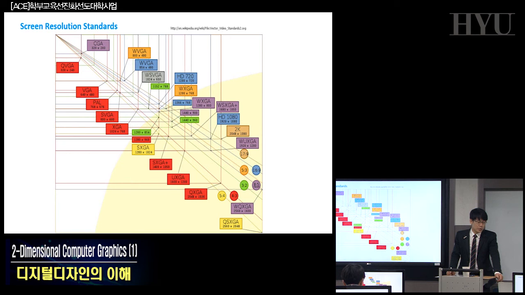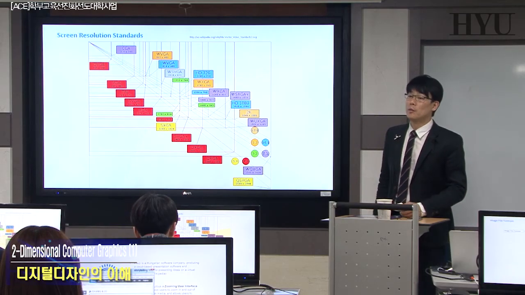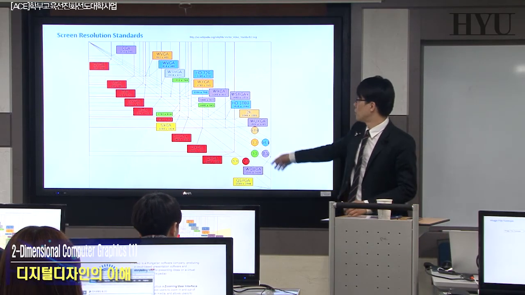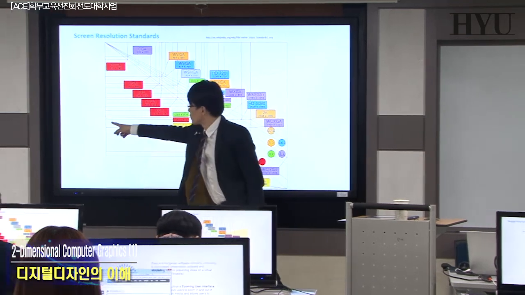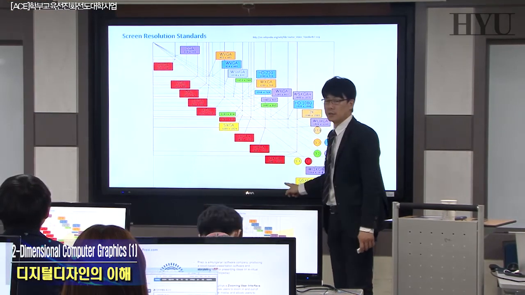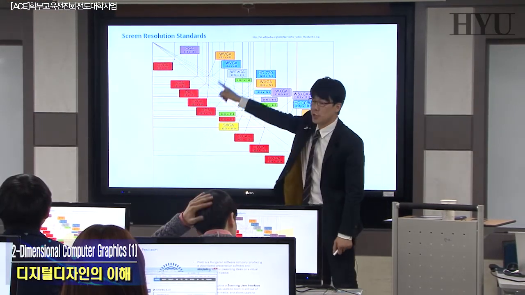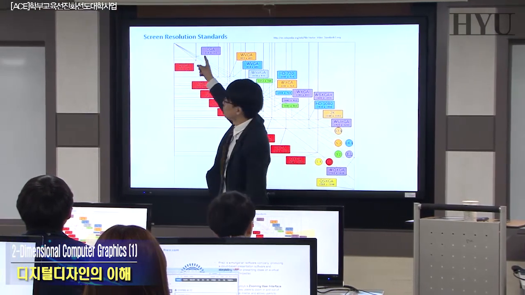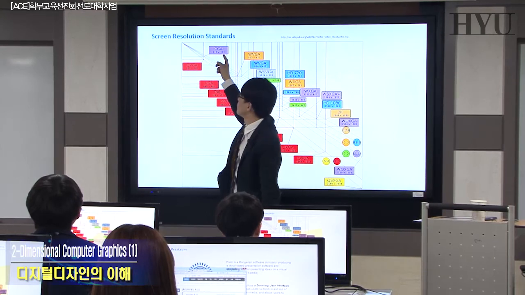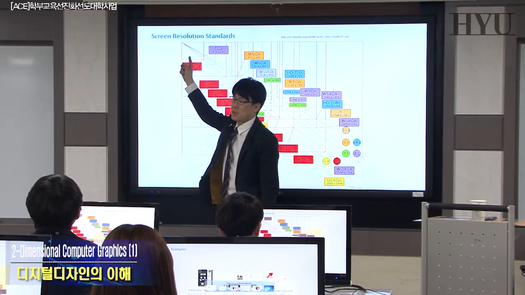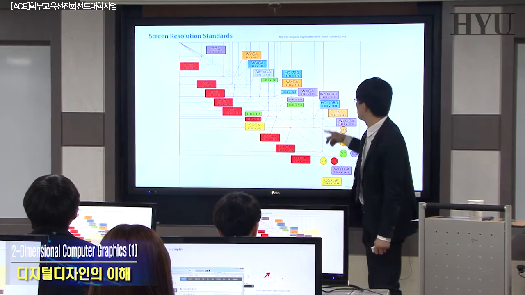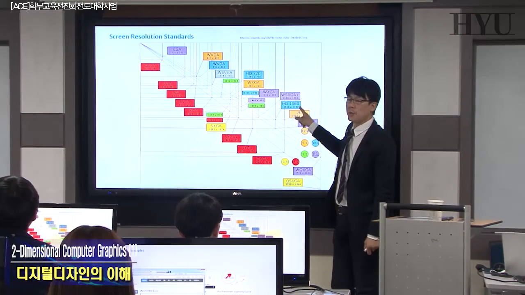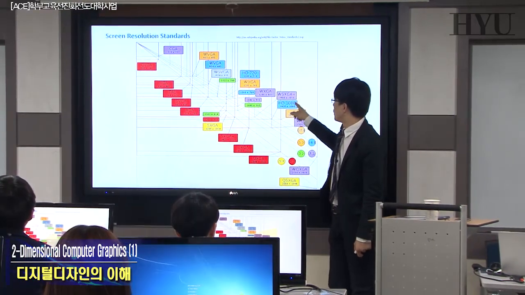Also, I would like to show you some resolution chart. You know, screen resolution, number of pixels, width and height. Take a look at this rectangle shape. CGA, 320 by 200, the smallest one described here. You may know 1080p, full HD.